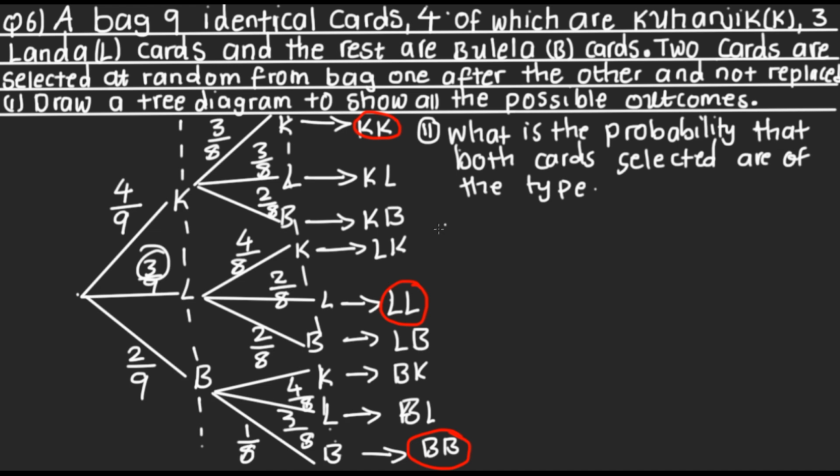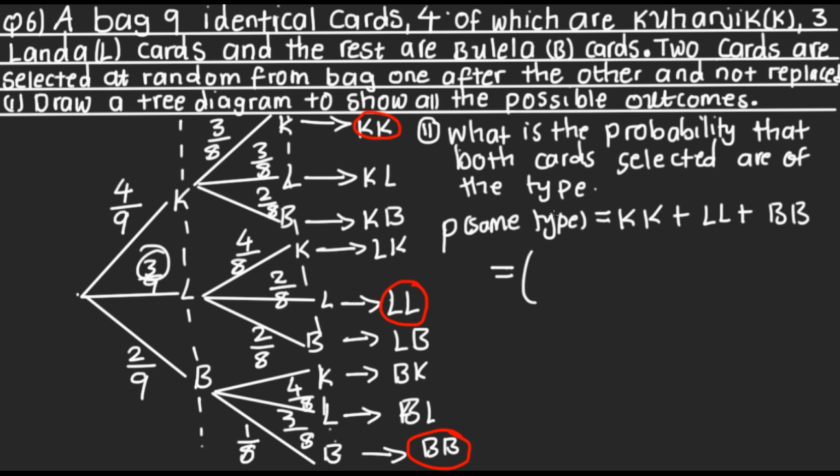I'm going to say probability of same type is equal to K times K plus L times L plus B times B. The first K is this one, 4 over 9 times the second K, which is 3 over 8. Plus we move on to the first L, 3 over 9. The second L is 2 over 8.